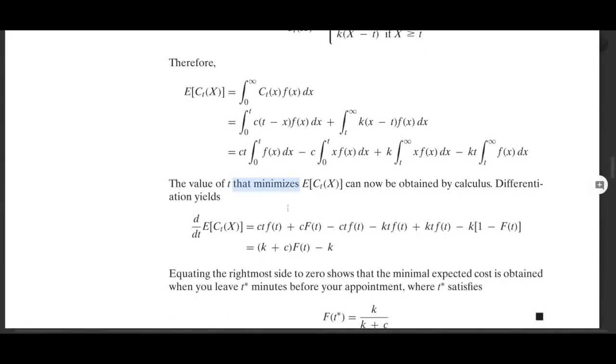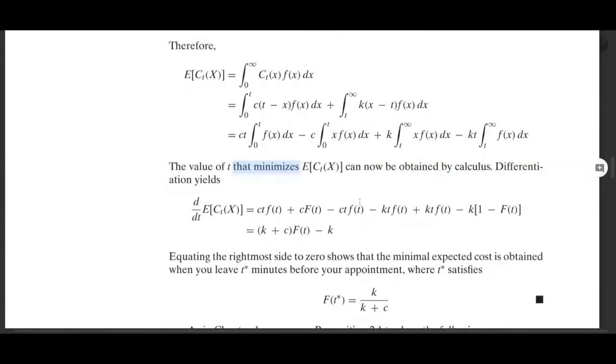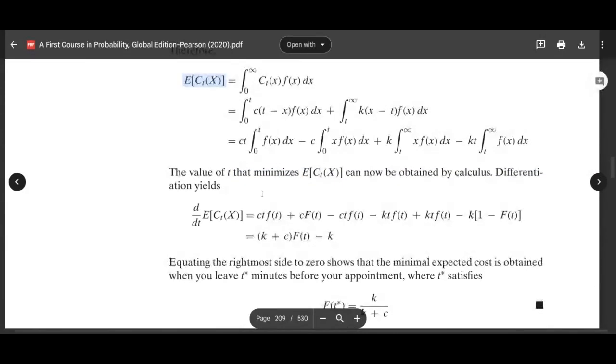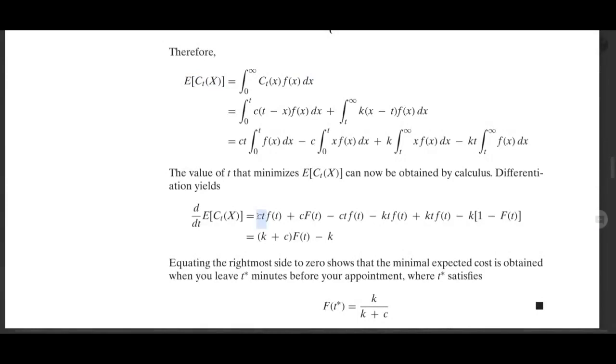So the value t that minimizes this can now be obtained by calculus. Differentiate this, differentiate that, we get Ct f of t from the first one. Differentiating this one, we're going to see capital F of t, because this goes from 0 to t, the cumulative.